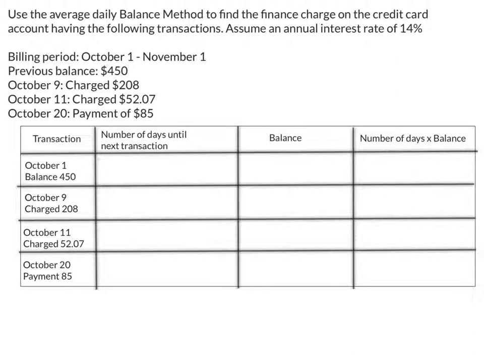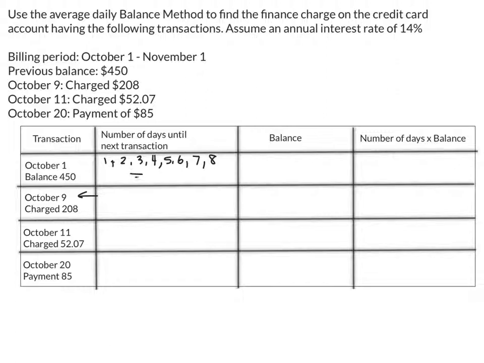To complete this chart, we first look at the first row. We have a balance of $450 on October 1st, and the next transaction is on October 9th. So we count the number of days until the next transaction: the 1st, 2nd, 3rd, 4th, 5th, 6th, 7th, and 8th.